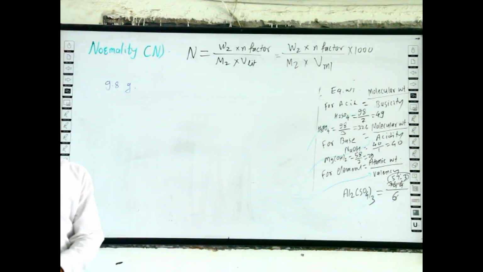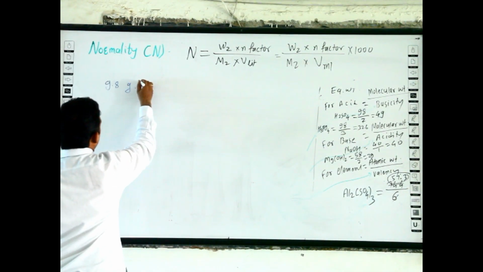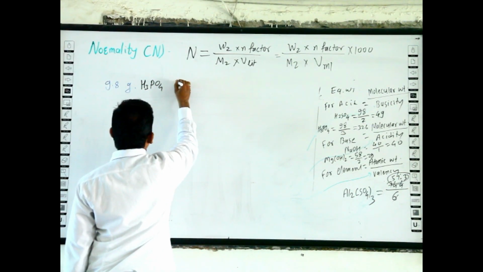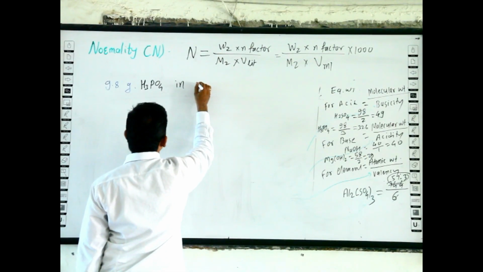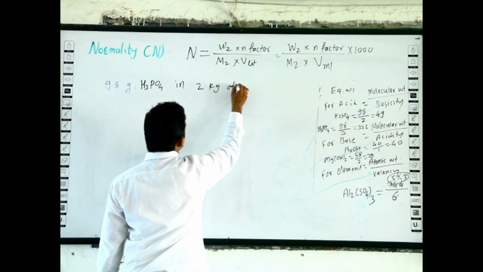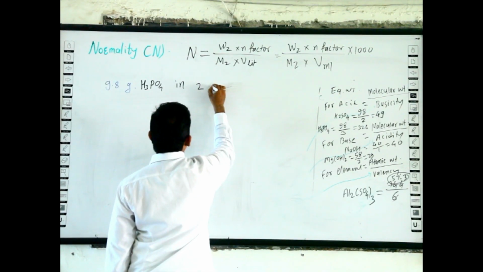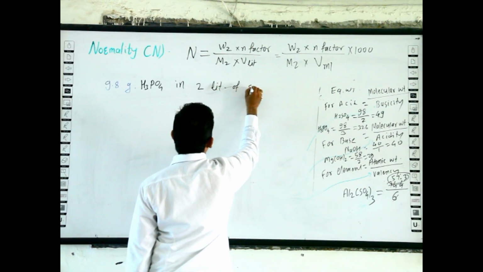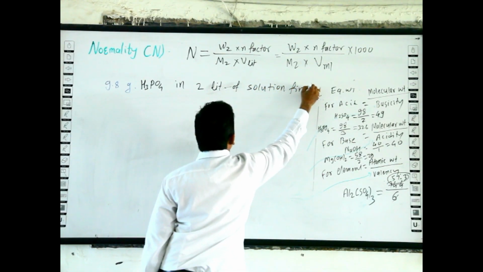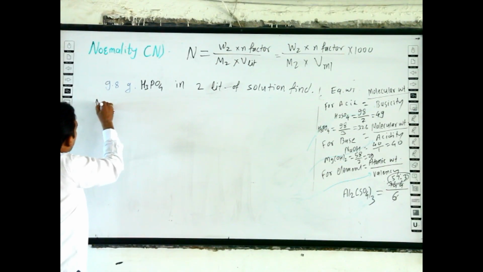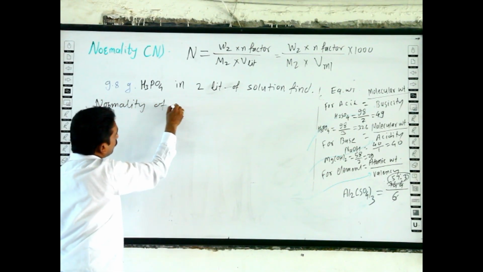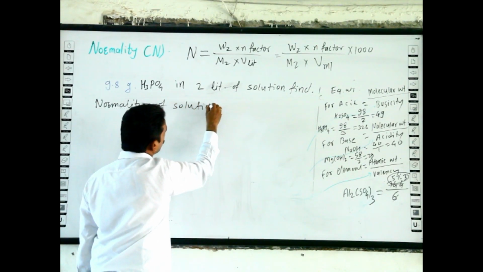9.8 gram H3PO4 in 2 liter of solution. Find the normality of the solution.